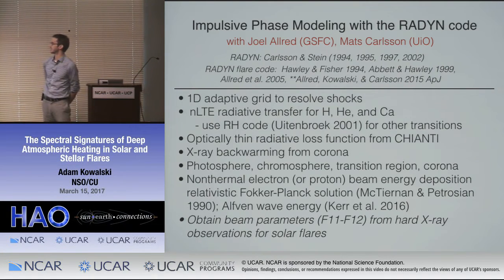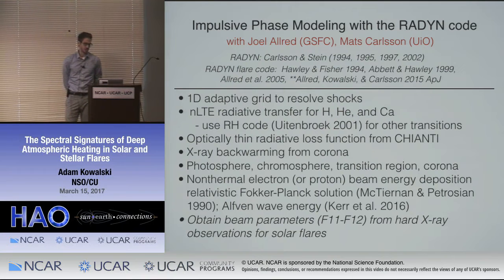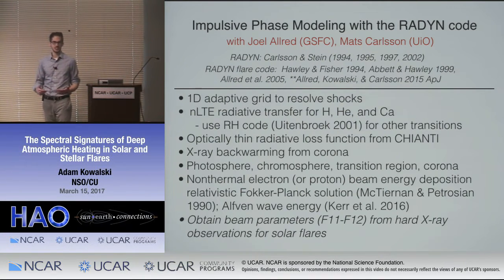And the best code for that purpose is the RADYN code, which was not originally written for flares. It was written by Mats Carlsson, and then through various PhD theses through the decades has been modified to include flare heating and various aspects that are important for understanding flares.